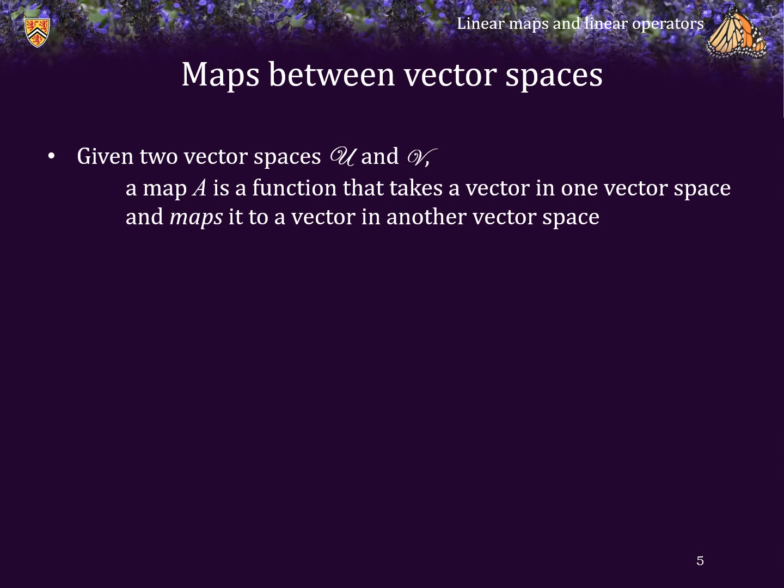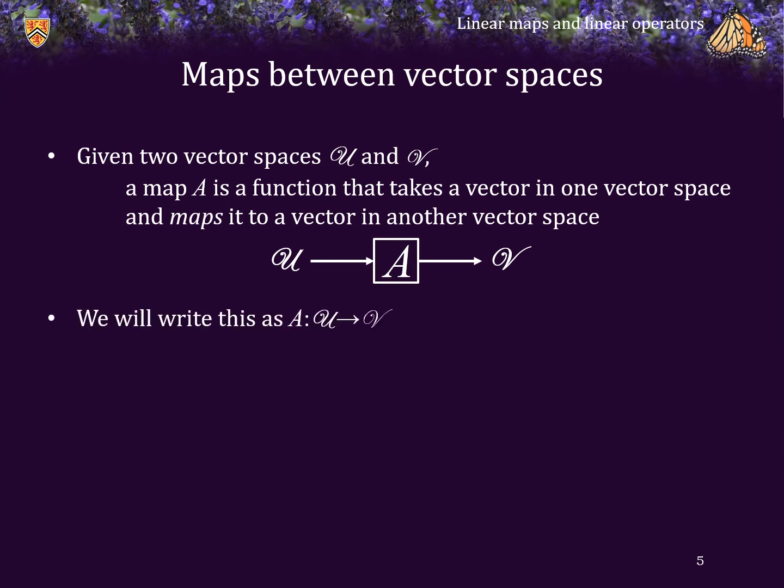In this case, the original vector comes from U and is mapped to V. So we will represent this as follows. Vectors in U are input to the mapping A, and the output is a vector in the vector space V.